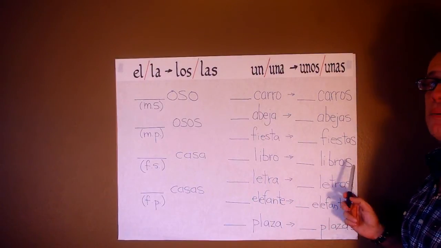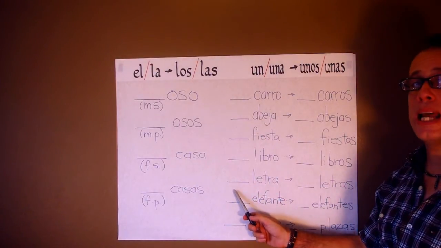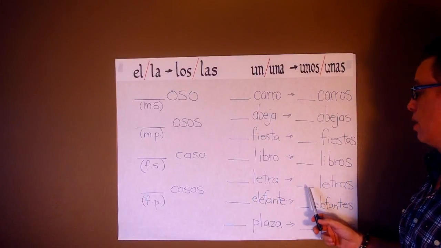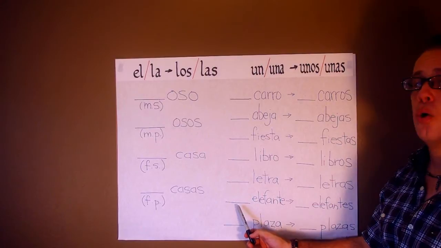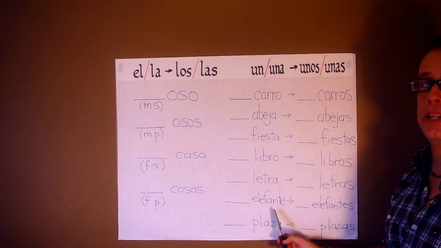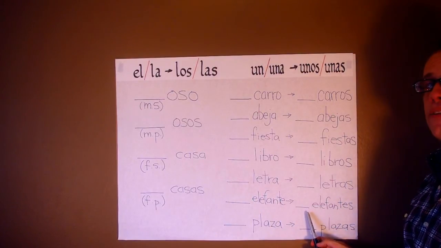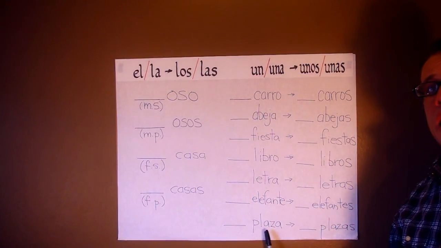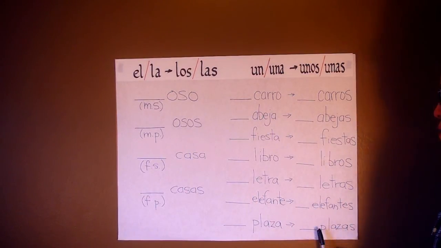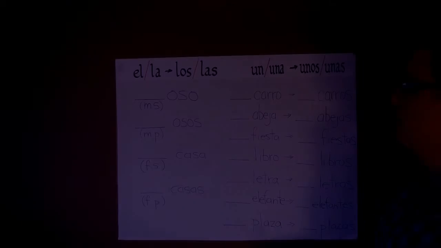Unos libros, some books. Una letra, a letter. Unas letras, some letters. Un elefante, an elephant. Unos elefantes, some elephants. Una plaza, a city square. Unas plazas, some city squares.